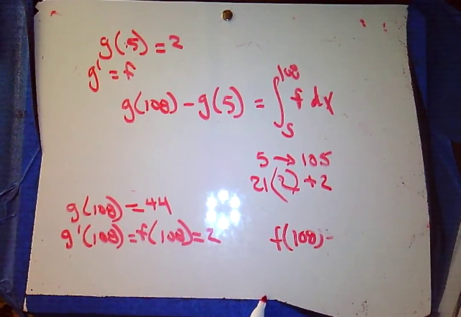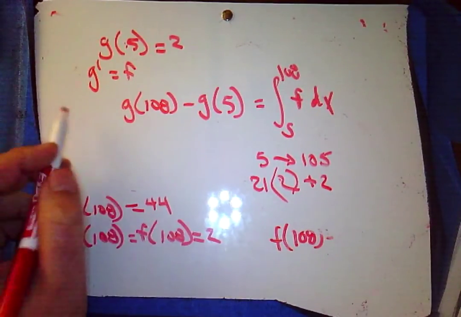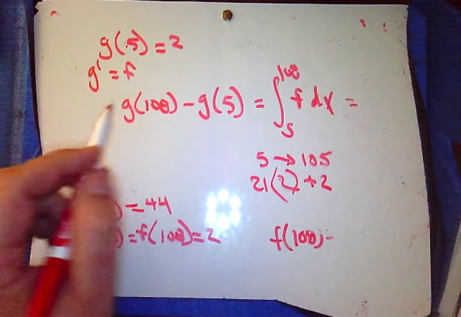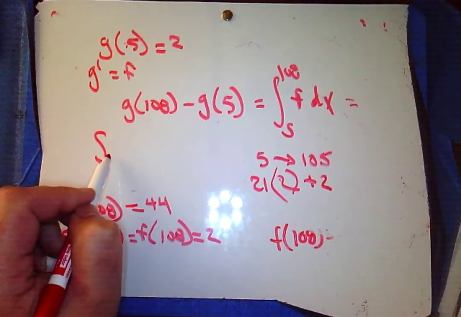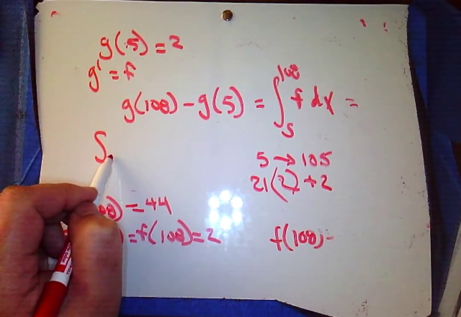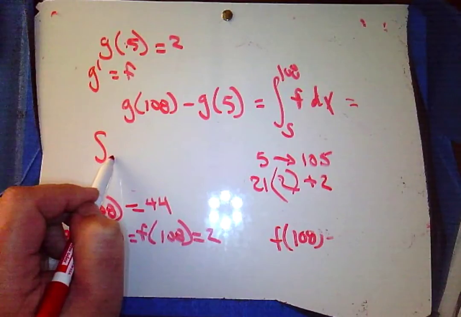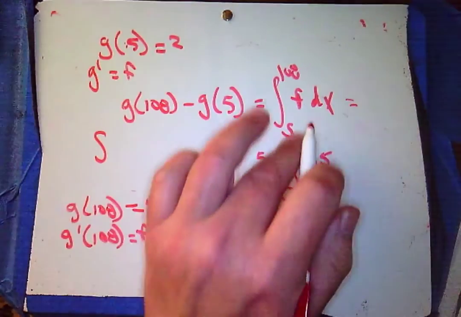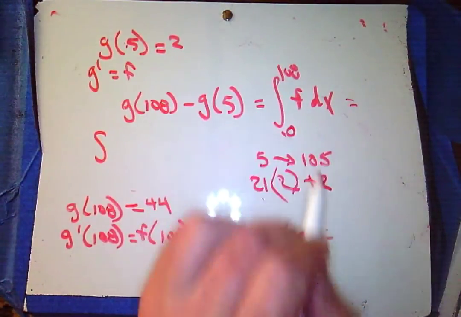Woof. You might want to write this out as the integral from 0 to 105 of f(x) dx plus the integral from 105 to 108 of f(x) dx. I did 21 times, so I started at 0.